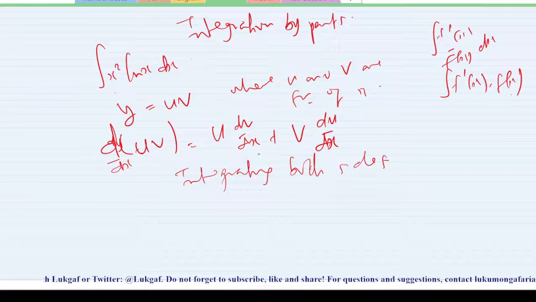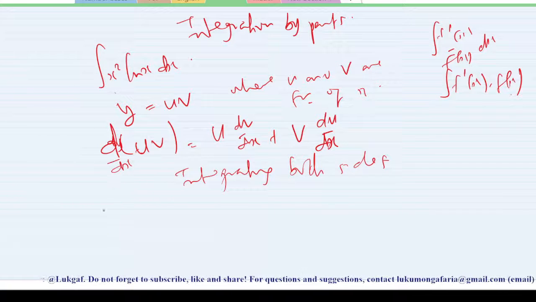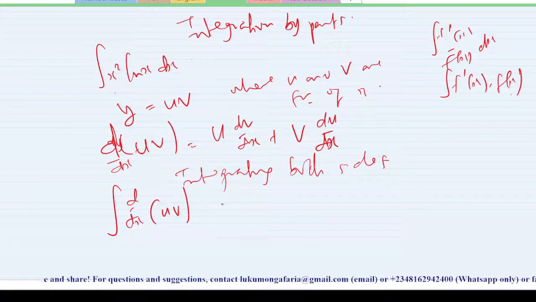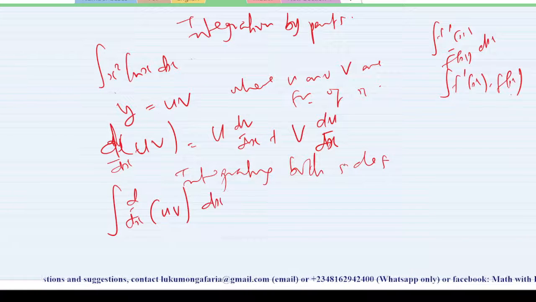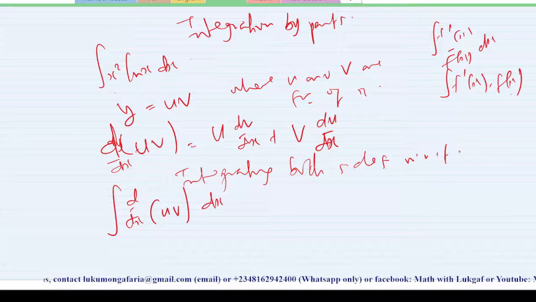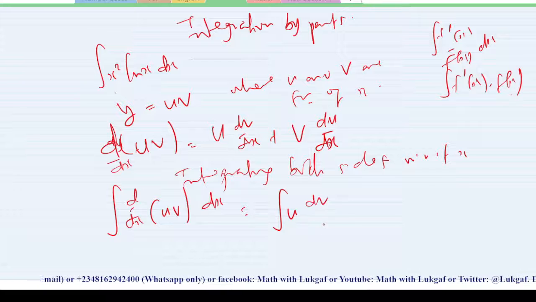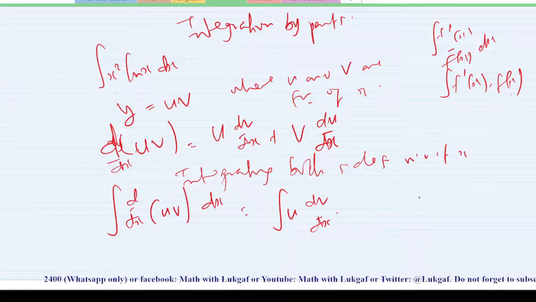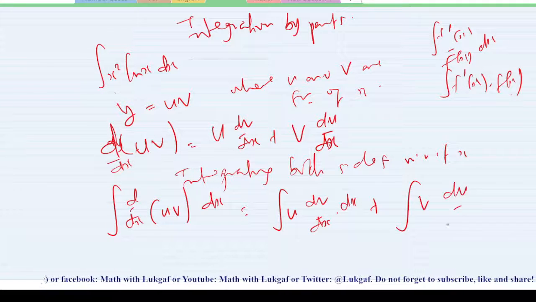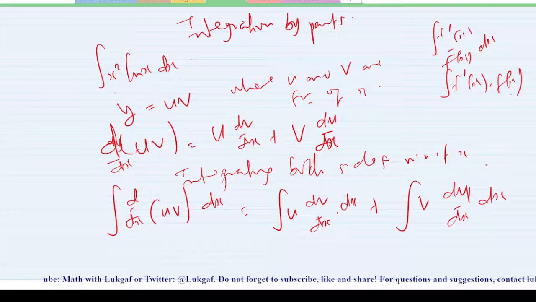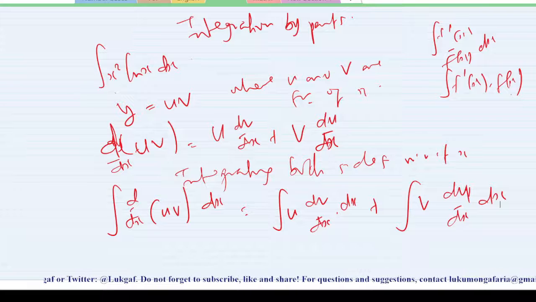since integration is the reverse process of differentiation, let us integrate both sides. Then I have the integral of d/dx of uv with respect to x equal to the integral of u dv/dx with respect to x plus the integral of v du/dx with respect to x. You understand?